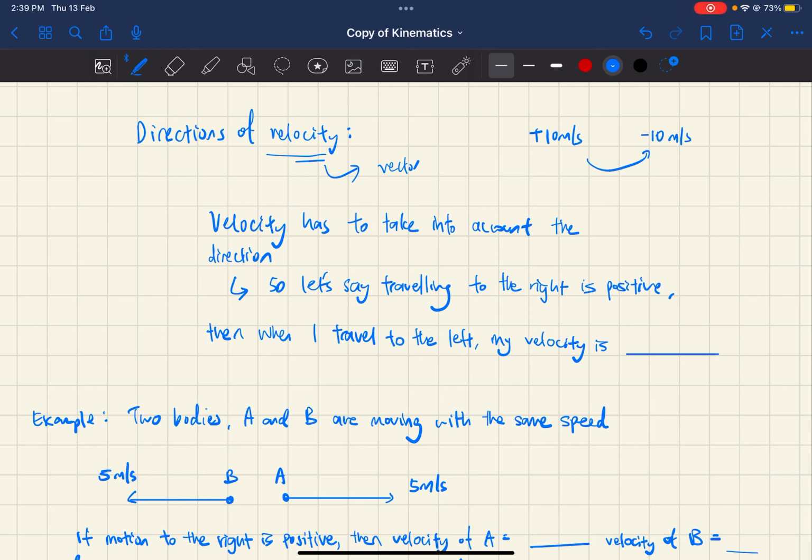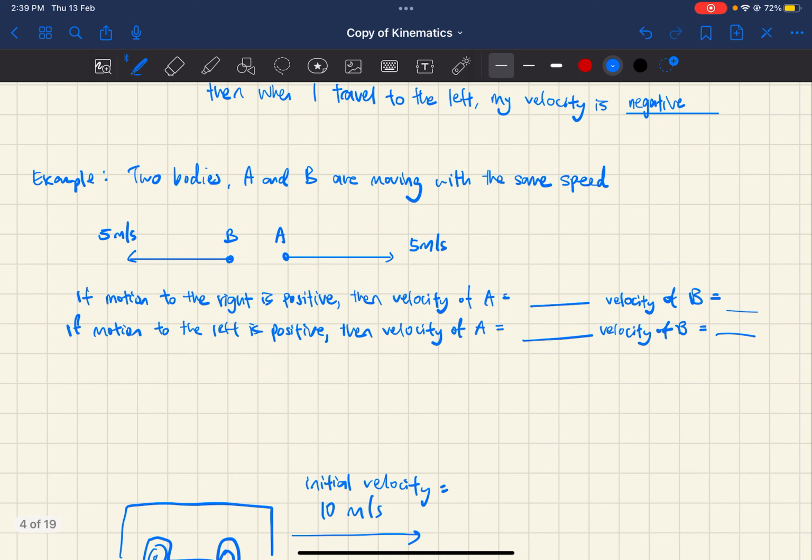The difference between them is not that one travels negative 10. It is just trying to say that maybe this guy travels to the right, but this guy travels to the left. So the negative and the positive sign in front of your velocity indicates the direction. So let's say if traveling to the right is positive, then when I travel to the left, my velocity will be negative. That's the idea behind the positive and the negative signs.